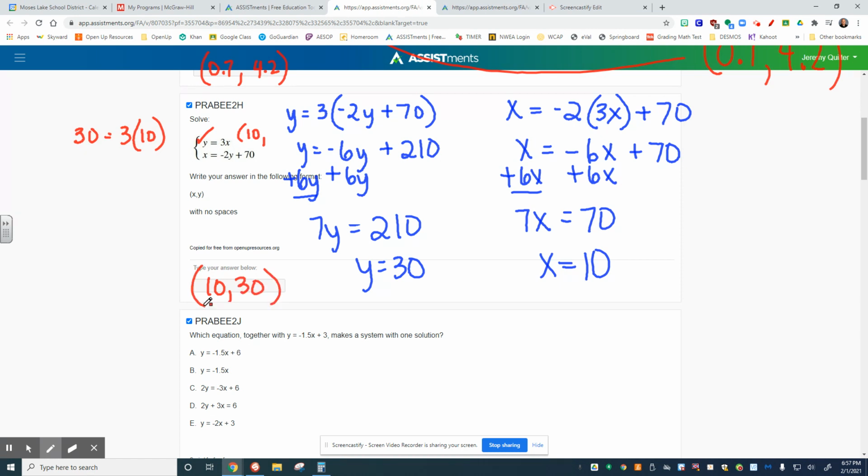On my next one, I want to put 10 is equal to negative 2 times 30 plus 70, which simplifies to negative 60 plus 70. And the math doesn't lie, folks. We have the right solution because when I substitute this into both expressions, both equations come out true.